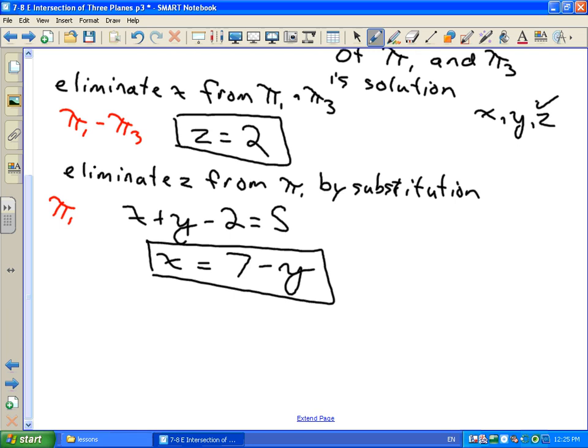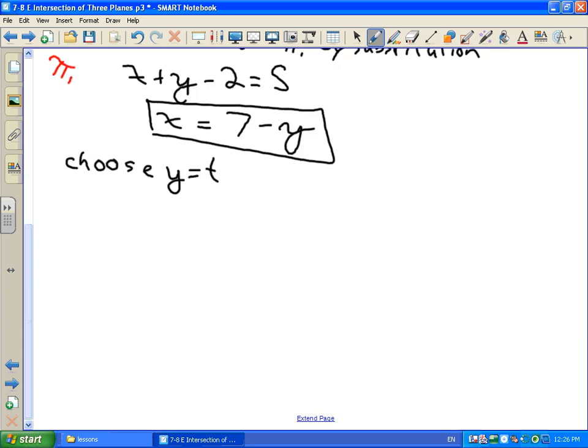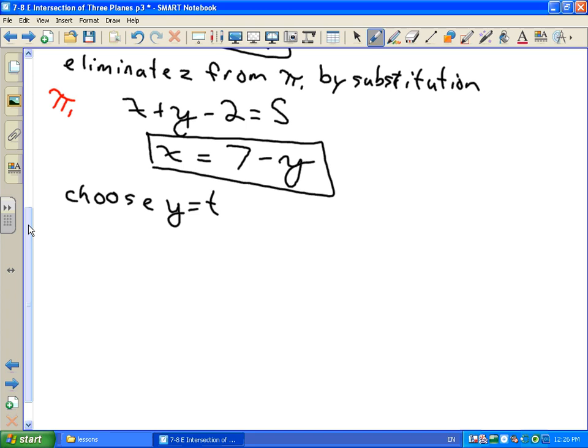So now I have an expression for z, an expression for x. All I need is something for y. What can y be? Yeah, y can be my parameter. So we're going to choose y equals t, and we'll have x equals 7 minus t, y equals t, and z equals 2 as our parametric equations.